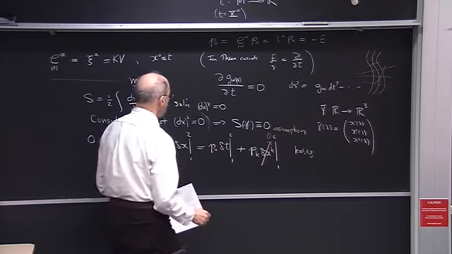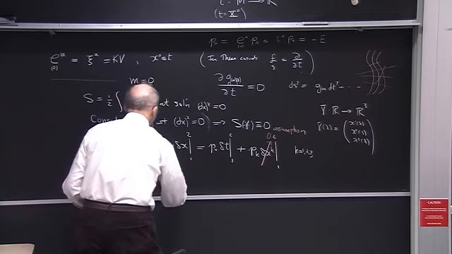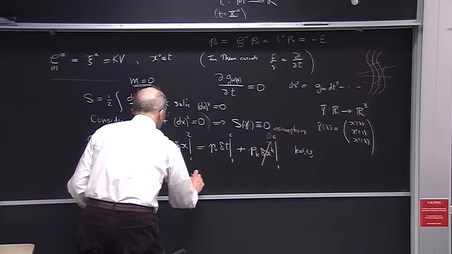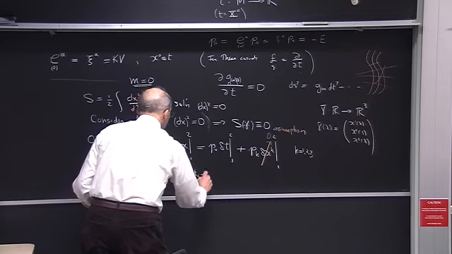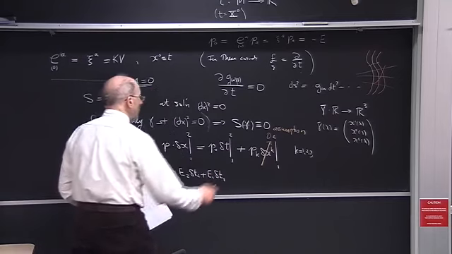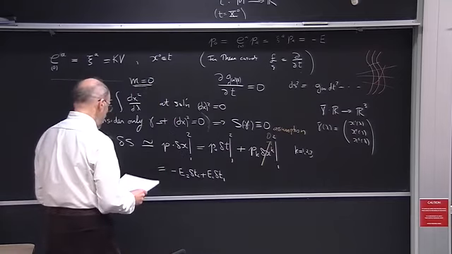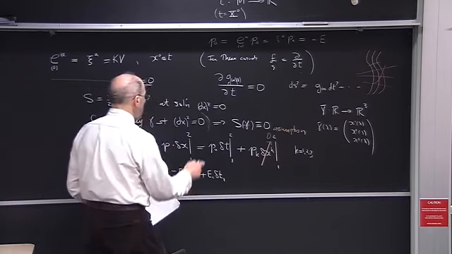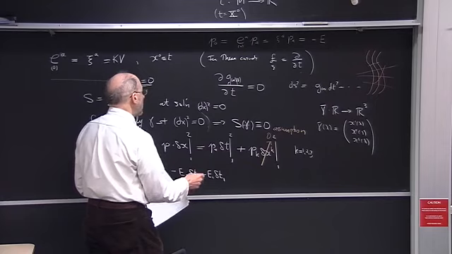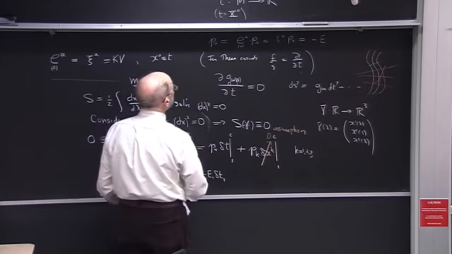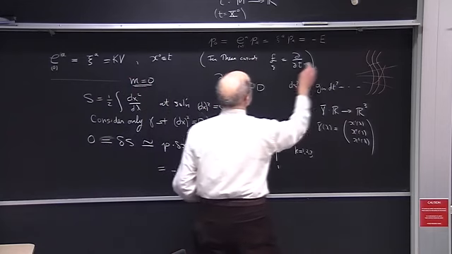So this is minus the energy, and we can write this as minus E₂ δT₂ plus E₁ δT₁. The spatial terms go away because we fixed those endpoints. But remember, the whole point of the Killing vector is that the energy is conserved. This thing here is conserved.